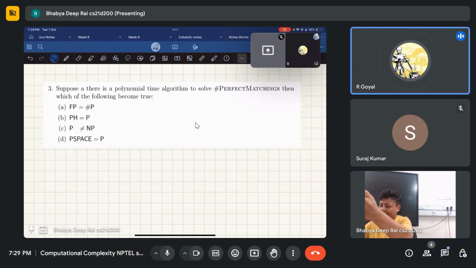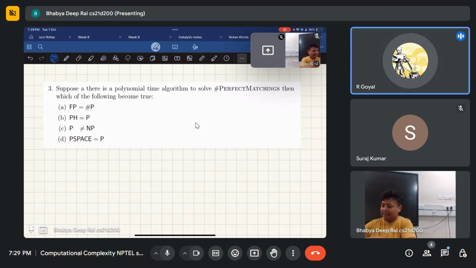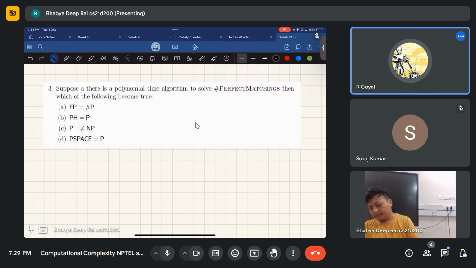So if perfect matching is a Sharp-P problem, and if we can solve it in polynomial time, then all the problems in Sharp-P can be solved in polynomial time. So I can count the number of solutions in polynomial time, and if I can count them, then I would be able to search the solutions in polynomial time.